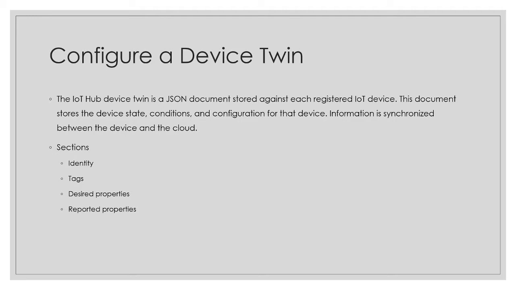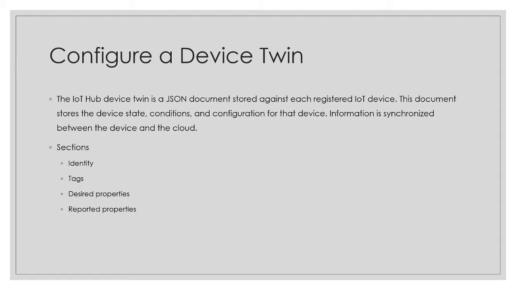The next section in the device twin is the tags. This section allows us to assign categorization of the device. This categorization allows us to target operations like device configuration and jobs on any particular subset of devices by querying with those particular tags. So these tags are nothing but device level tags.